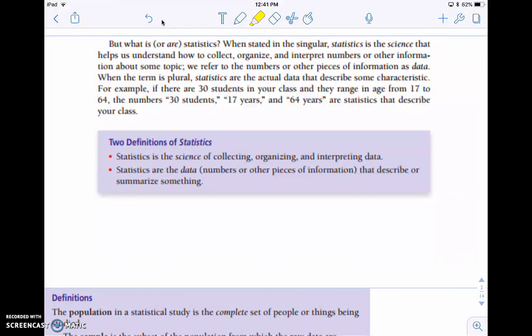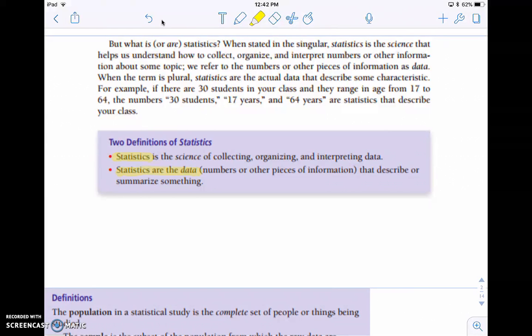So, what is a statistic, or what are statistics? Now, there's a couple of definitions here. When you use the singular definition, statistics is the science of collecting, organizing, and interpreting data. So when you're just talking about statistics in a singular form, it's just that science of collecting, organizing, and interpreting data. However, statistics are also, if we talk about it in a plural sense, the data, the numbers or other pieces of information that describe or summarize something.